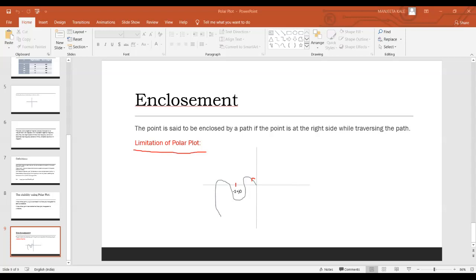On this slide we saw the limitation that for some polar plots, for some portion we can say the point is enclosed, and for some other part we can say the point is not enclosed. So it is very difficult or not possible to comment on the stability of the system, and that is why we do not use polar plots for commenting on stability.